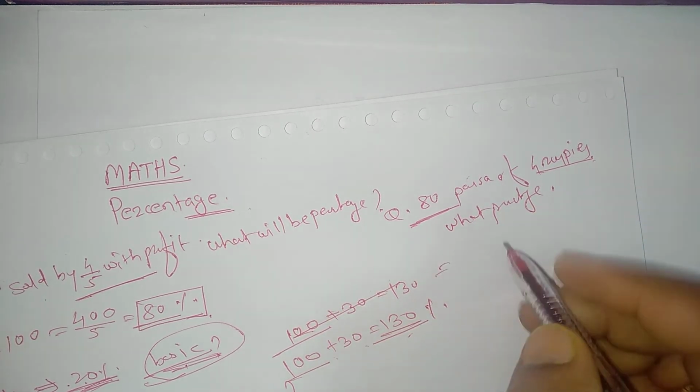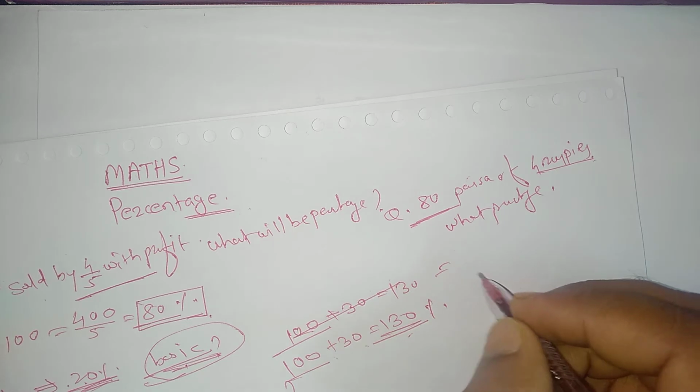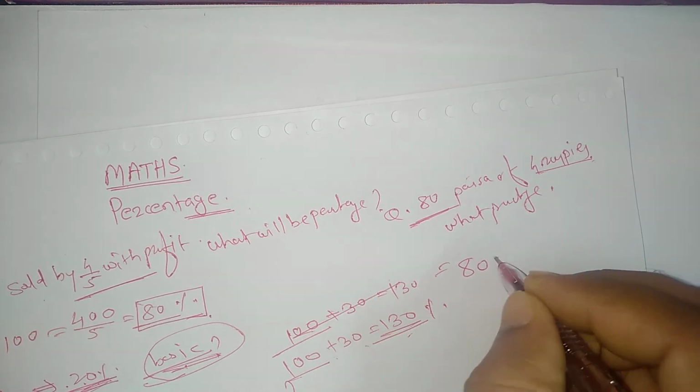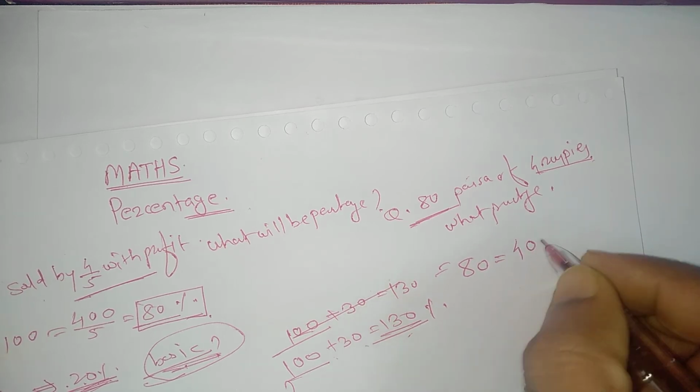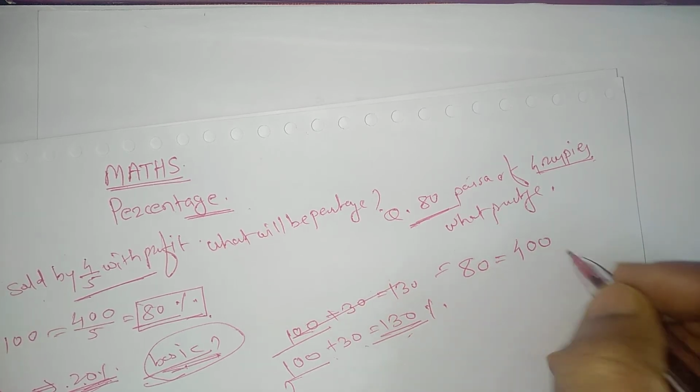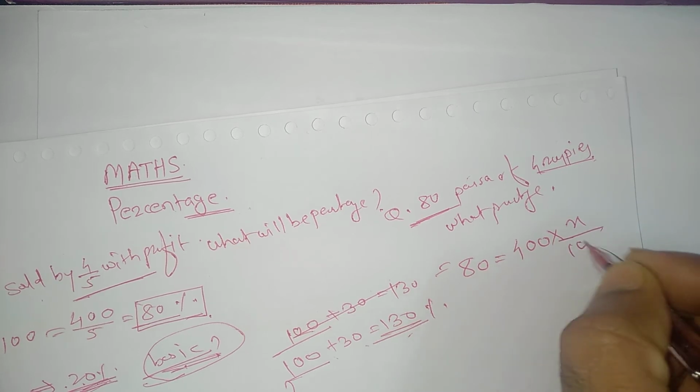That means we know that 80 paisa is of 4 rupees. 4 rupees means 400 paisa into x divided by 100.